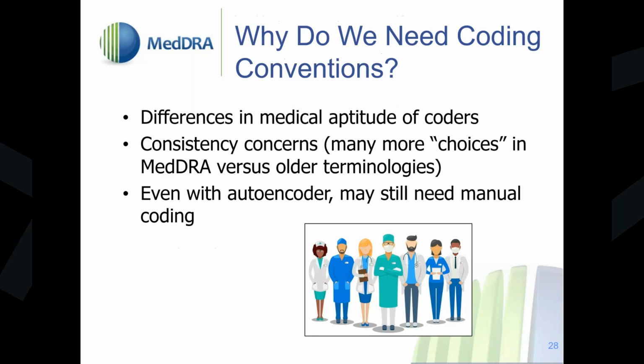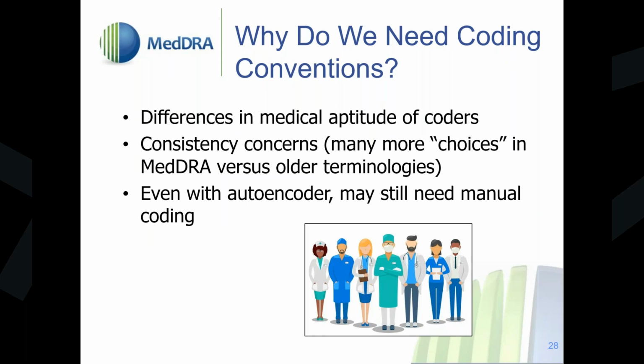So they may have differences in aptitudes. And of course, MedDRA allows you a granular option level at the LLT for selections. So having these coding conventions helps you achieve consistency even when you're selecting among a wide range of different LLTs.